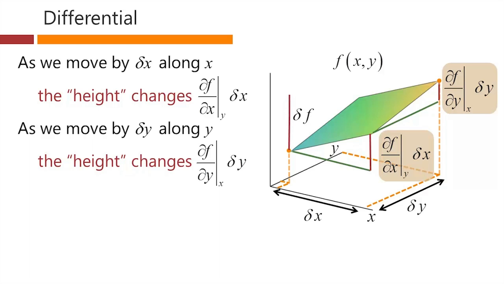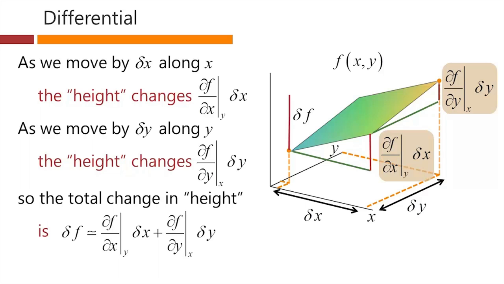So now we've figured out the total change, delta f, in the height of this function as we went from one corner up to the other. So, writing this out explicitly, this amount delta f is this piece of red line, which is this much, plus this piece of red line, which is this much, to get the total here.